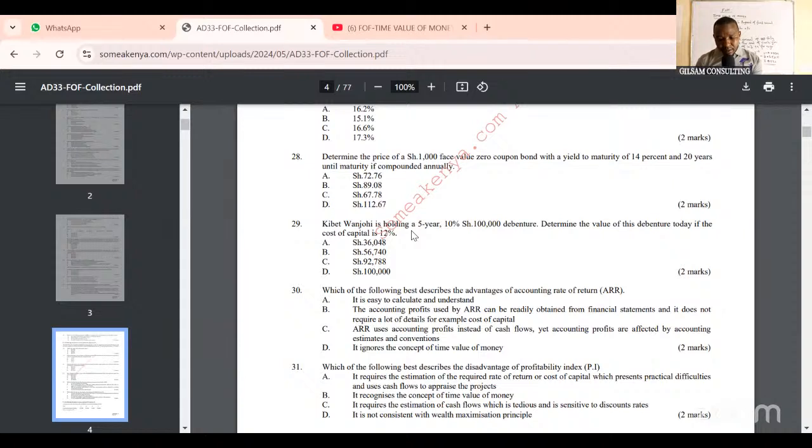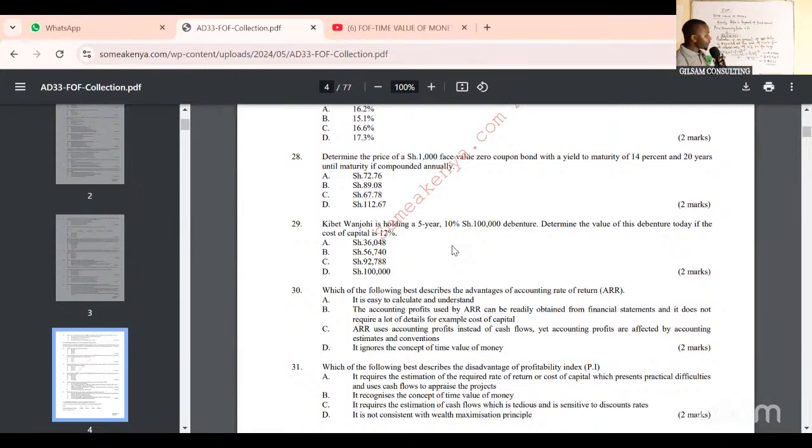Determine the value of this debenture today if the cost of capital is 12%. The framing of that question looks like the valuation model, but it is not the valuation model.